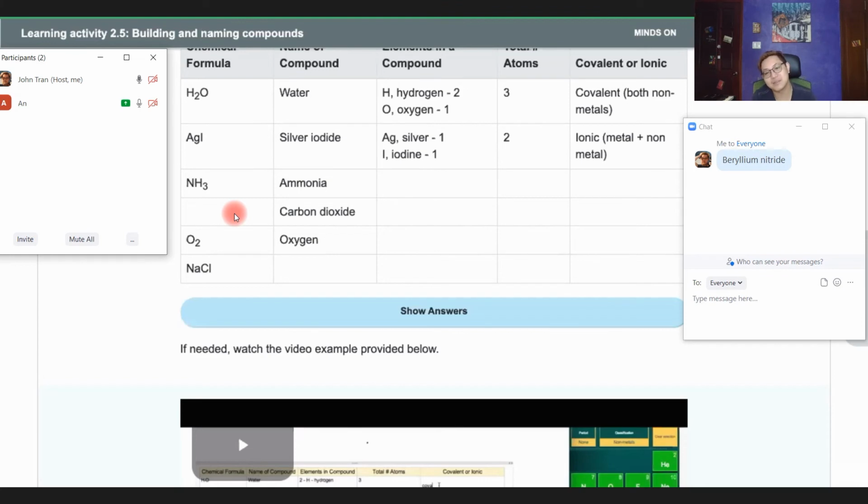So one C and two oxygens, isn't it? So totally three atoms. Is it covalent or ionic? I think it's ionic, right?